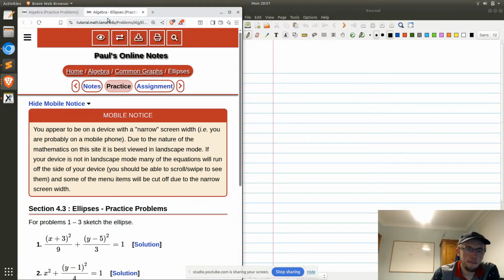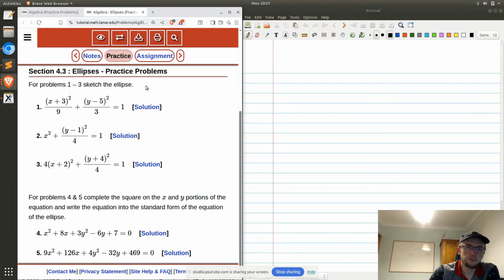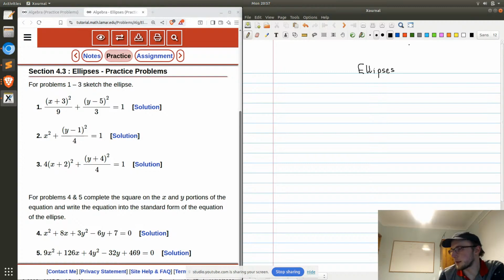Ellipses. Okay, so what is an ellipse? An ellipse is like an oval, but it's a mathematically and technically precise oval.